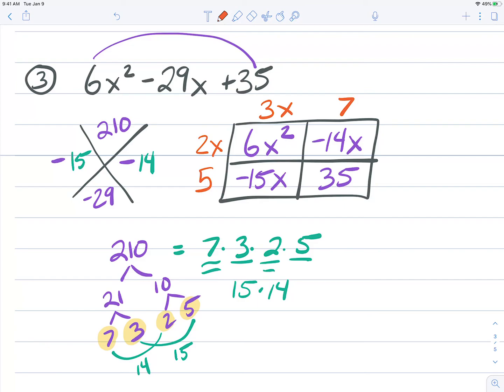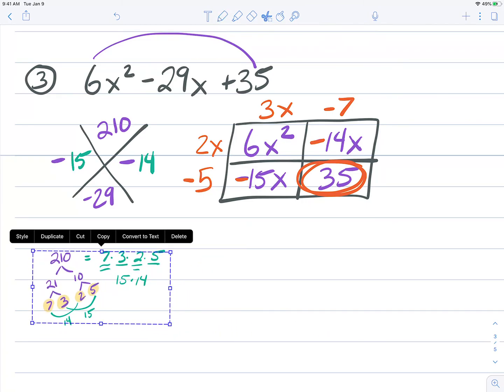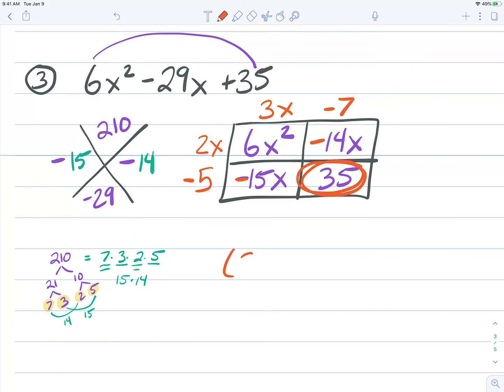Now the only way that you can have negatives like that is if both the 5 and the 7 are negative, because a negative times a negative is a positive, which is how that 35 is positive, and still leaves both of these as negative. So be careful with your negatives also. So our answer is 3x minus 7 times 2x minus 5. So this problem takes a little bit more effort.